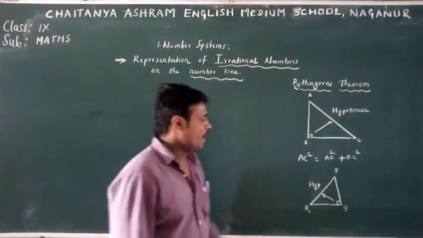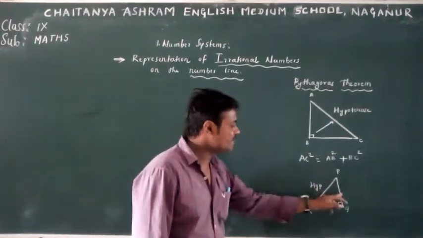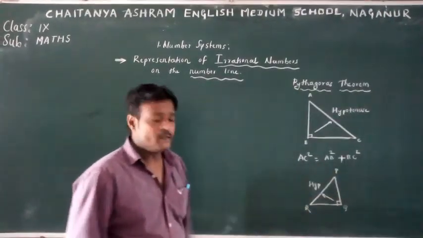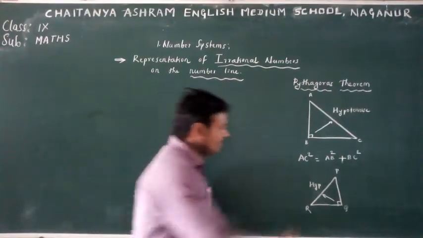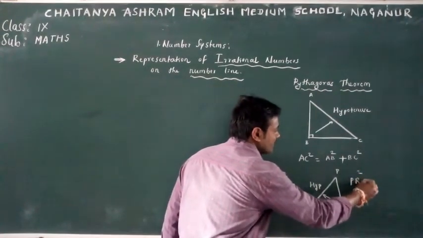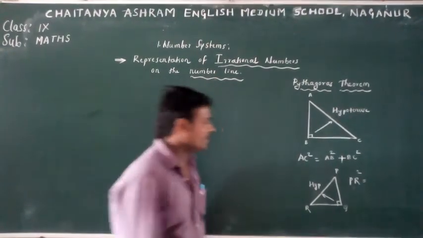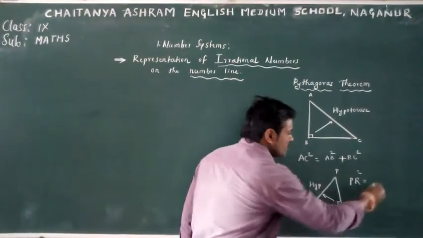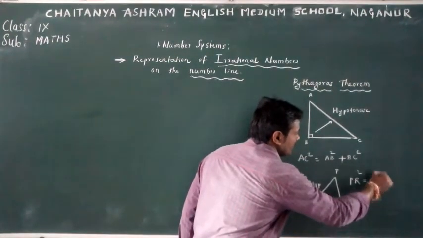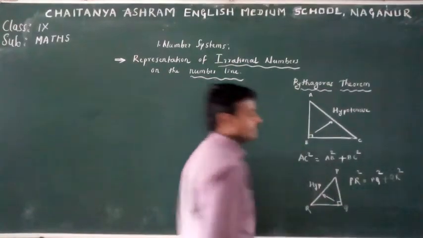Then apply the Pythagoras statement. What is it about the three sides of this right triangle? The square of the hypotenuse, that is PR square, is equal to the sum of the squares of the other two sides: PQ square plus QR square.